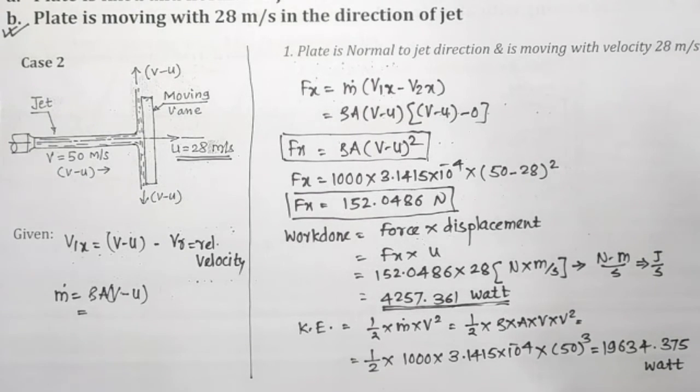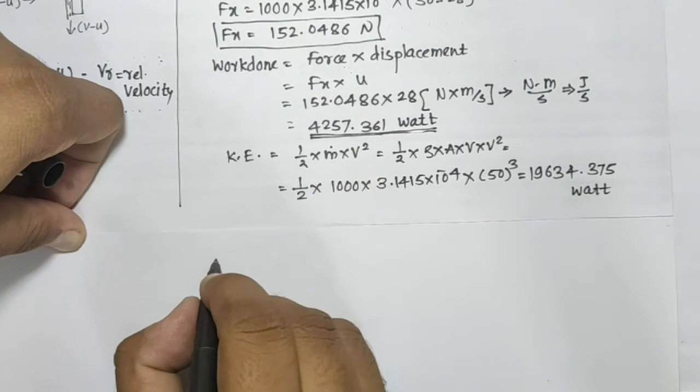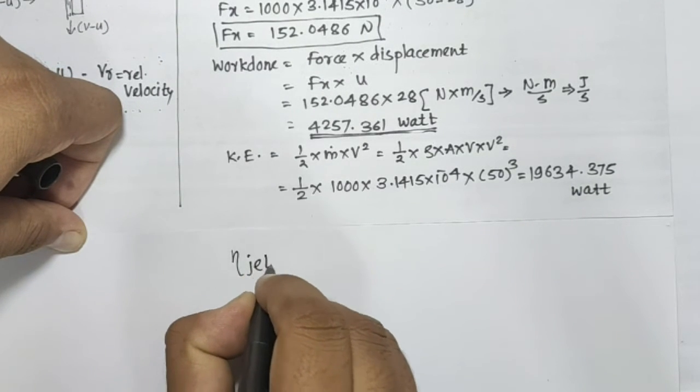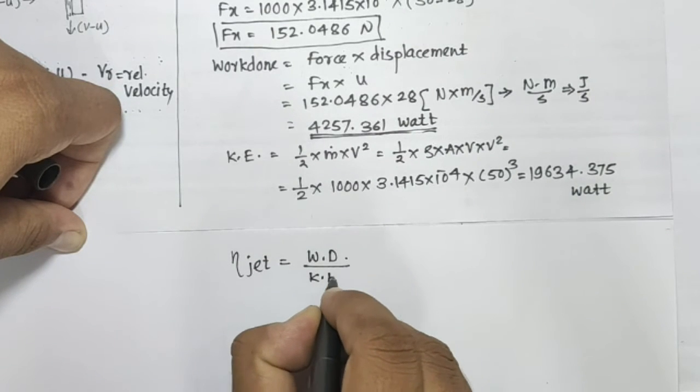So this is all about the value that we have found out for the kinetic energy. Now the last thing is the efficiency. The efficiency of the jet is equal to work done divided by the kinetic energy.